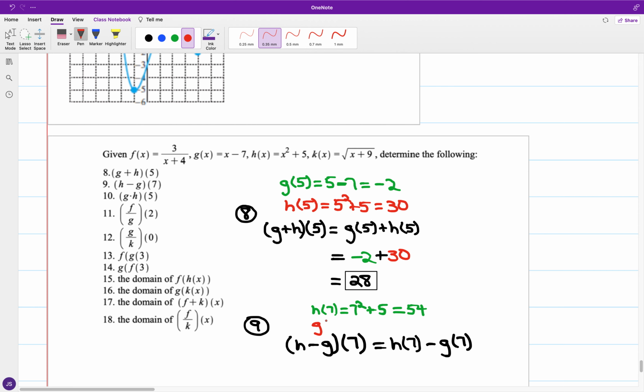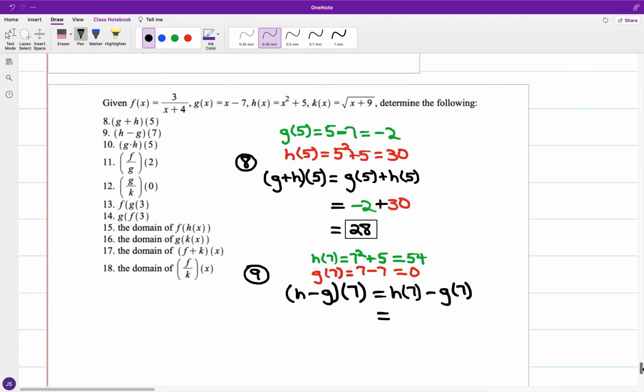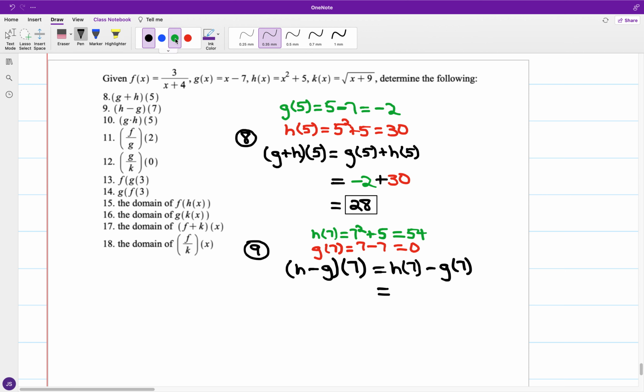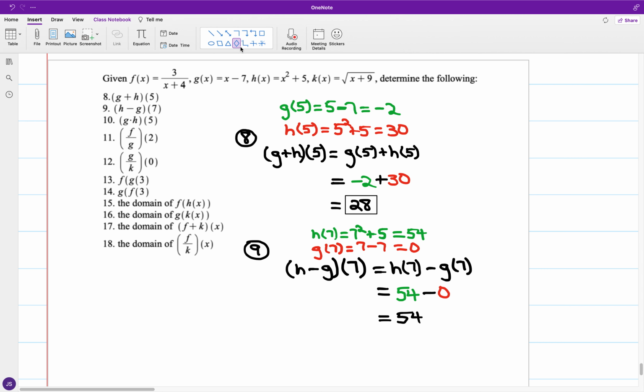For g of 7, you have 7 minus 7, which is 0. So h of 7 is 54, minus g of 7, which is 0, and 54 minus 0 is 54.